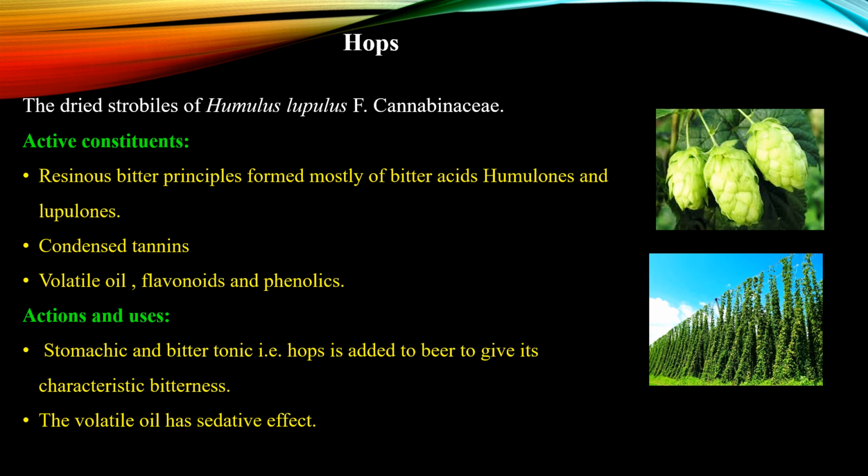The active constituents include a resin with bitter principles, formed mainly of bitter acids such as humulones and lupulones, condensed tannins, volatile oil, flavonoids, and phenolic constituents. It is used as a stomachic and bitter tonic. Hops are added to beer to give its characteristic bitterness and odor. The volatile oil has a sedative effect.